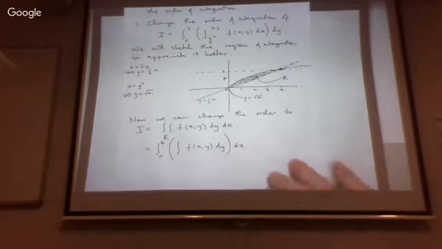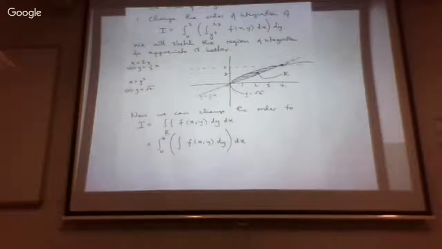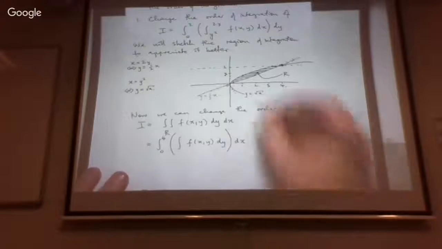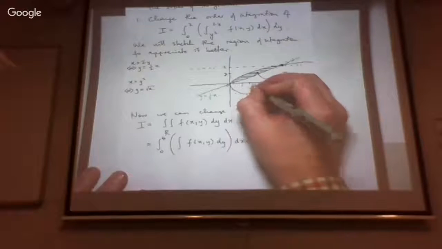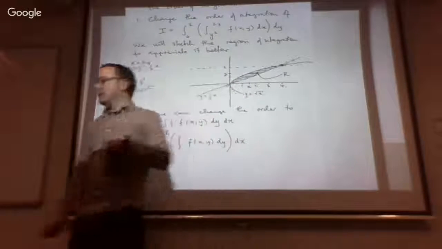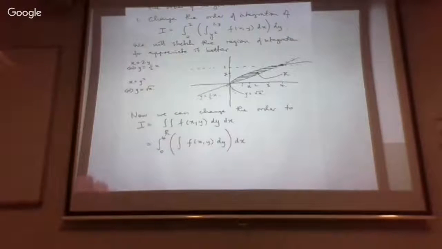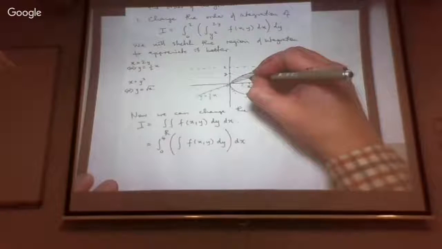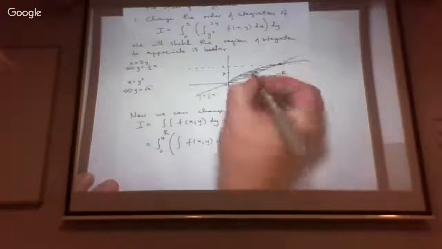with respect to x, and then you ask yourself, for a typical x value somewhere between 0 and 4, just put it somewhere, what is the y integral we want to do? It's between these two values here.